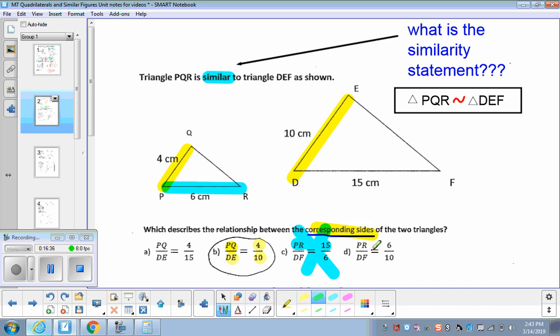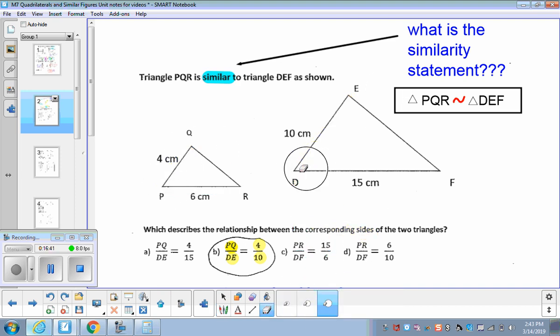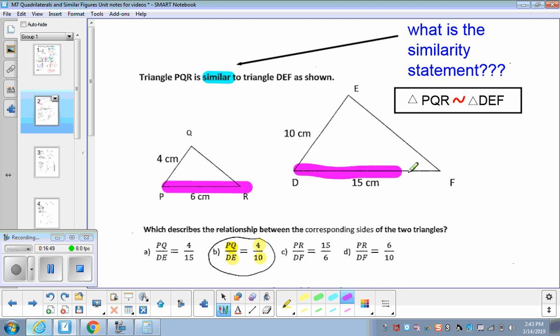The last one would say PR. Let me just erase this real quick, sorry. The last one is saying PR is 6, so boom, it does have that PR is 6. And then it's asking for DF, like DF does correspond to it, but 6 corresponds to 15, not to 10 like this one says, which is why that one's also out, okay?